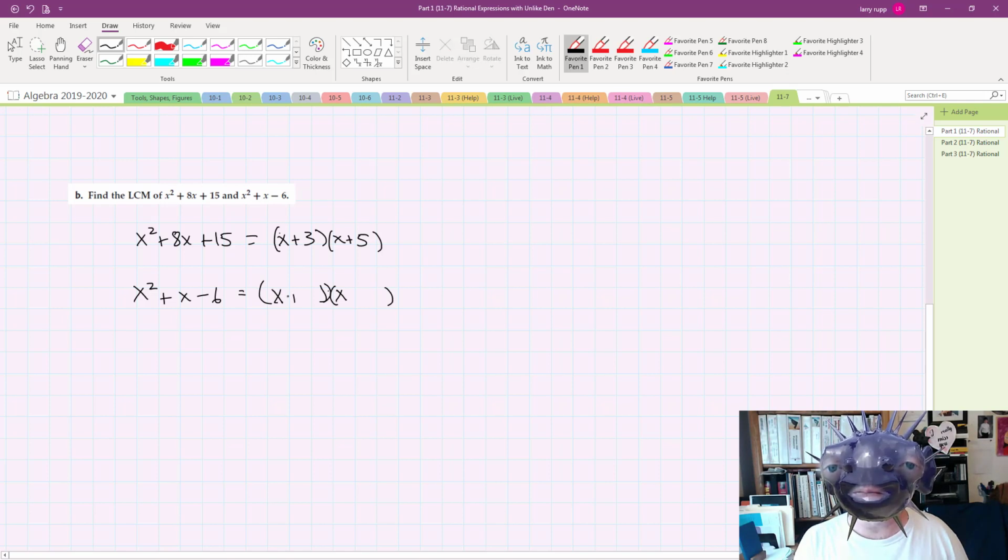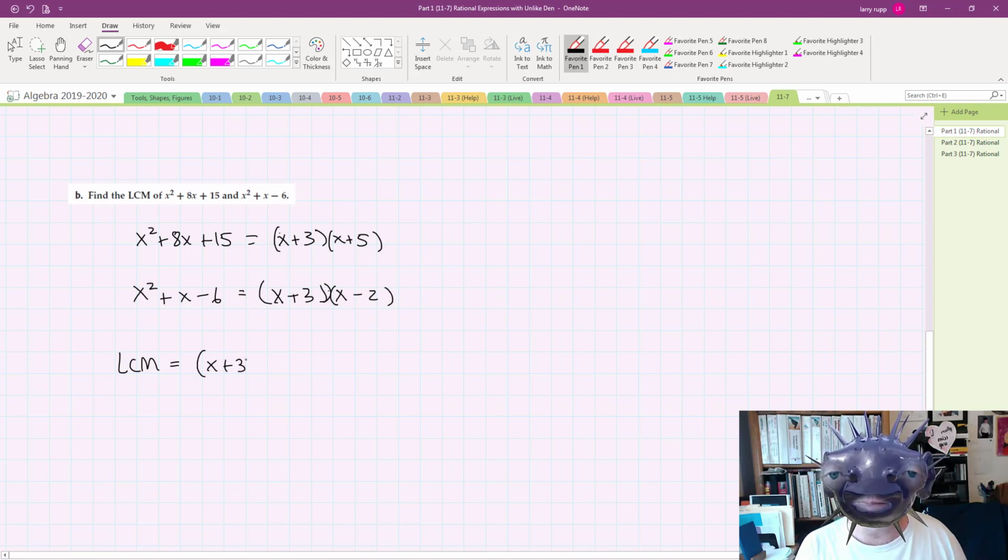So how about plus 3, minus 2? Okay. We do the same thing again that we've done for our previous least common multiple. We take the multiples of everything. So we have an x plus 3 multiple here.